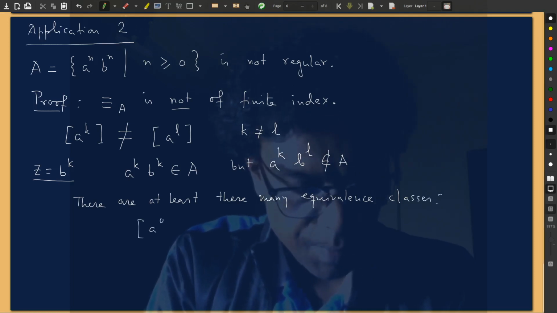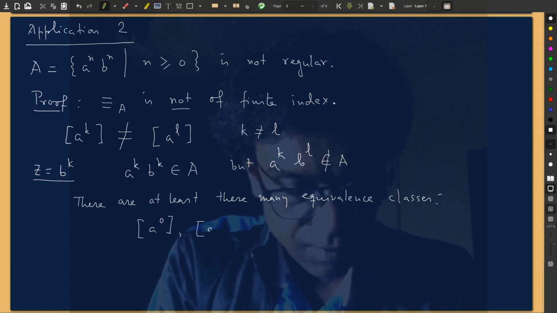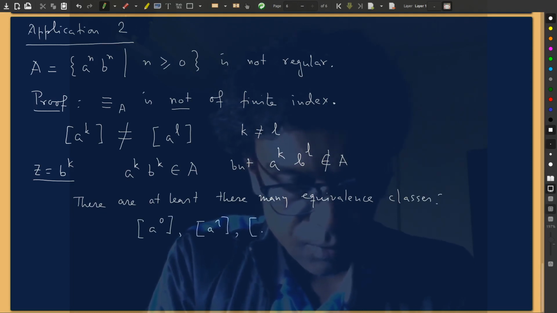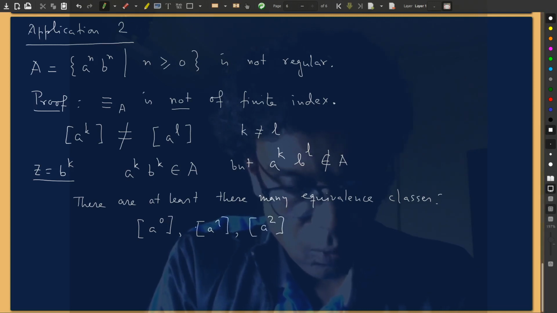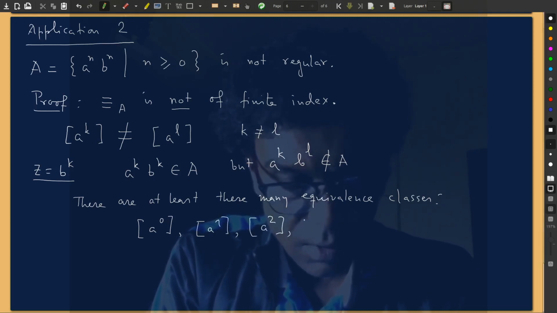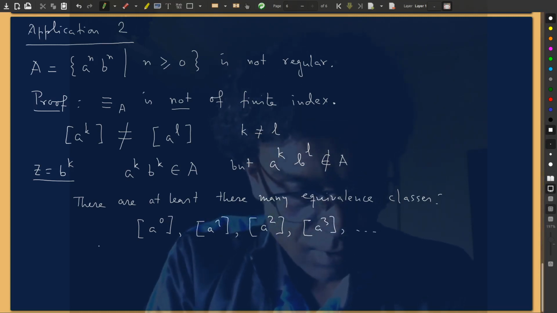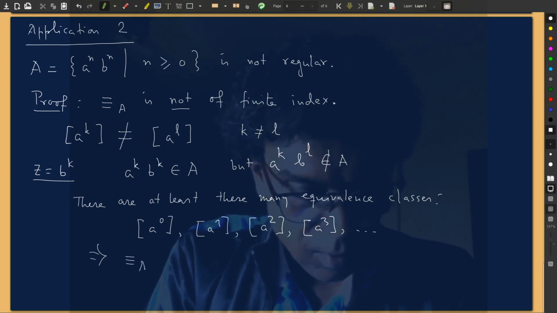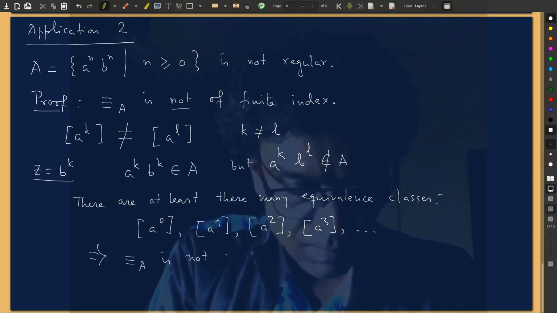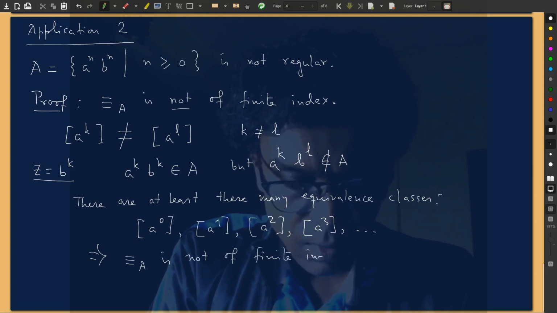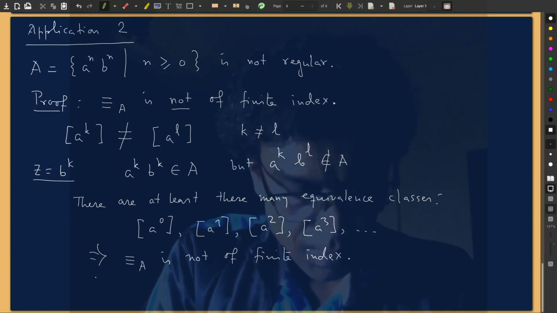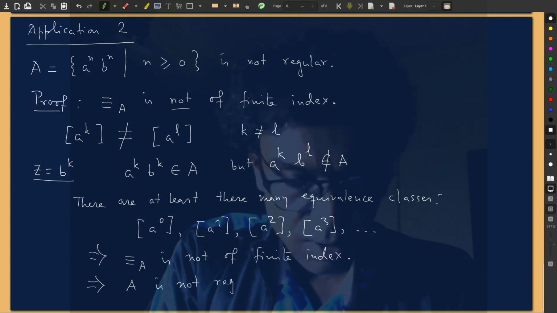The equivalence class of a power 0 is not the equivalence class of a power 1. This is not the same as the equivalence class of a power 2. Okay, so these are all distinct from one another, so therefore this is not of finite index. And since the Myhill-Nerode theorem is an if and only if criterion for regularity, it says that A is not regular.